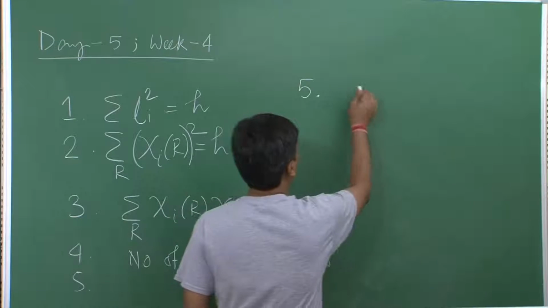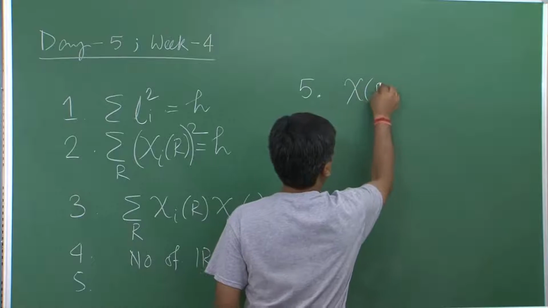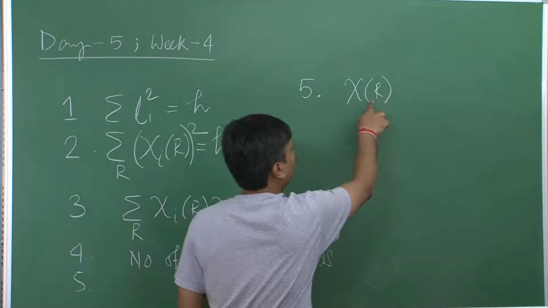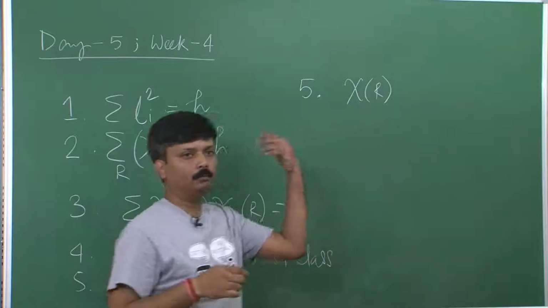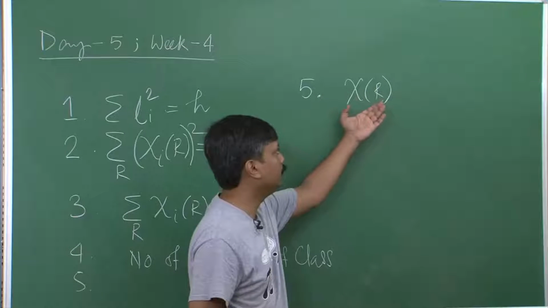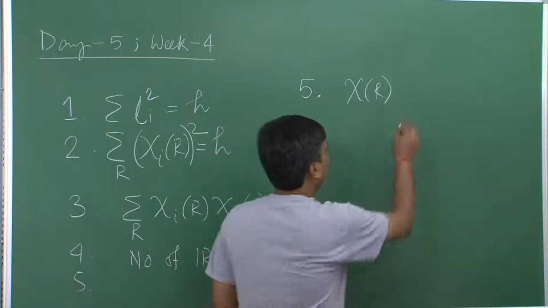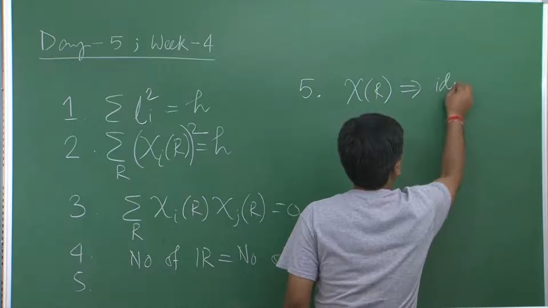So the characters for any given R, if there are 1, 2, 3, 4 different symmetry operations belonging to one particular class, then they will all be identical.